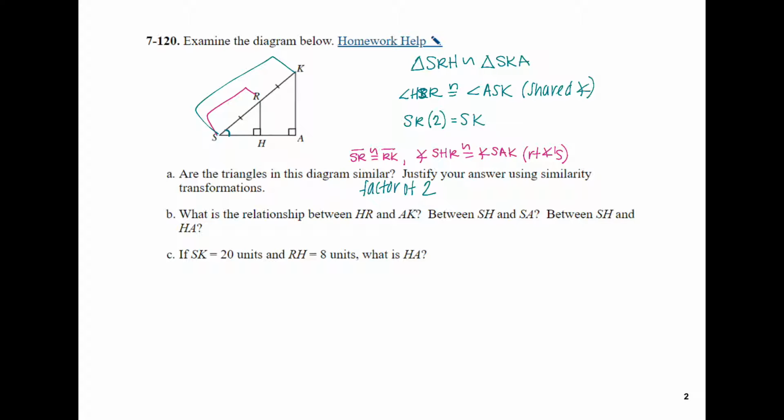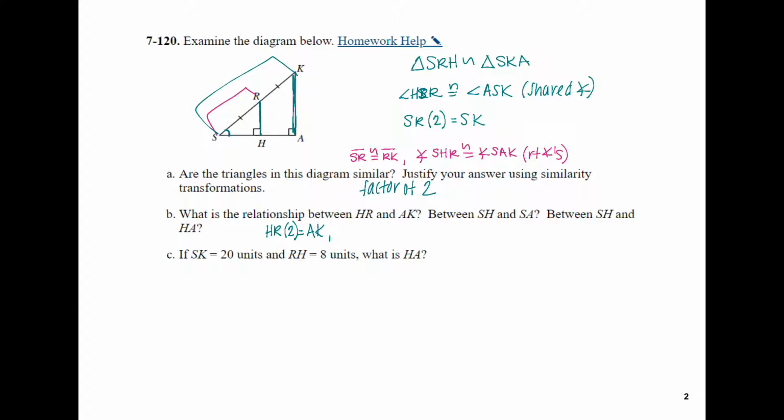Question B says, what is the relationship between HR and AK? So when we look at HR and AK, we can see that if we multiply HR by 2, it should equal AK.